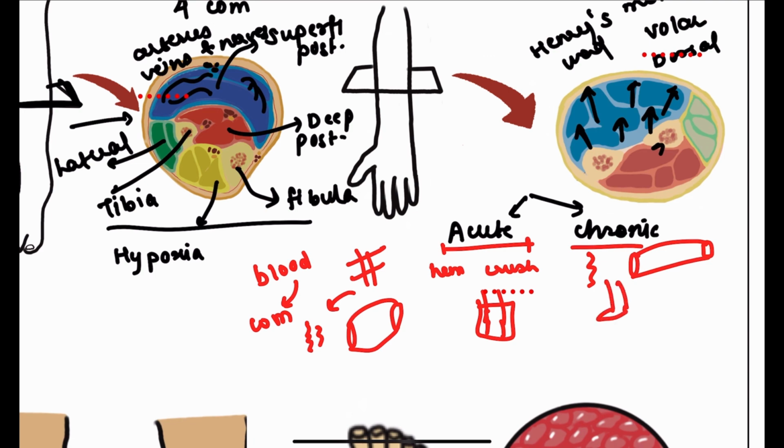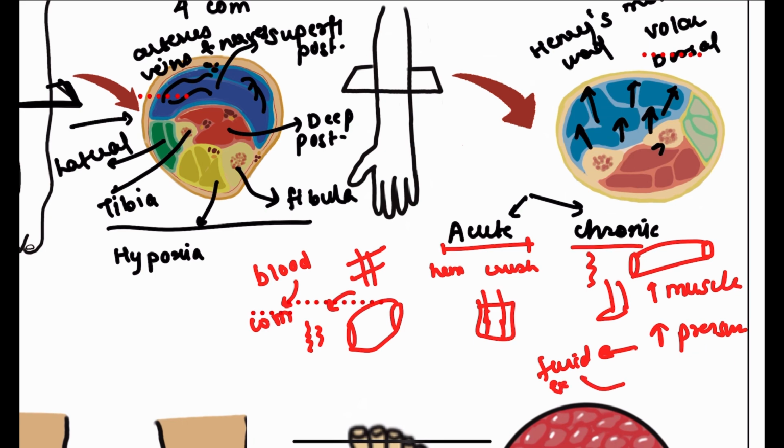The muscle size increases due to chronic use, due to which there will be an increase in pressure. There will be fluid exudation into the interstitial space, due to which the blood flow gets compromised. In chronic compartment syndrome, it occurs during physical activity and subsides as soon as the activity stops.